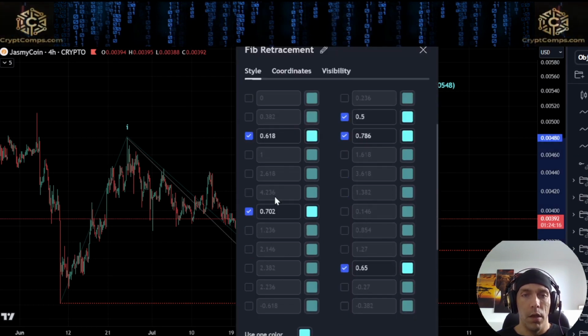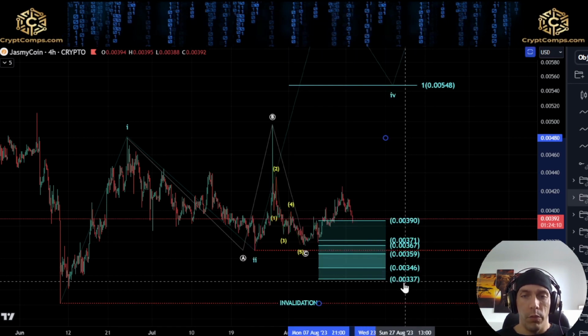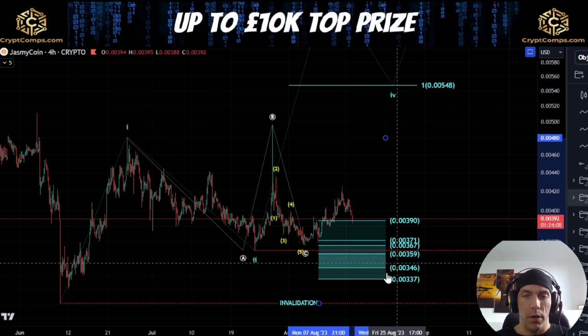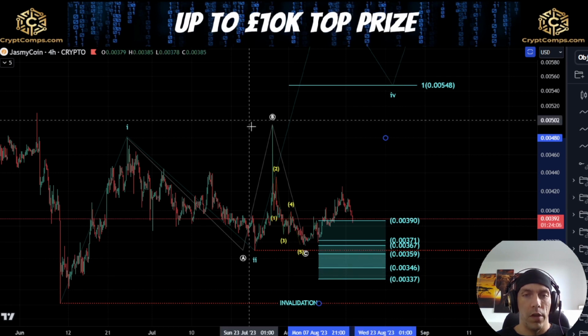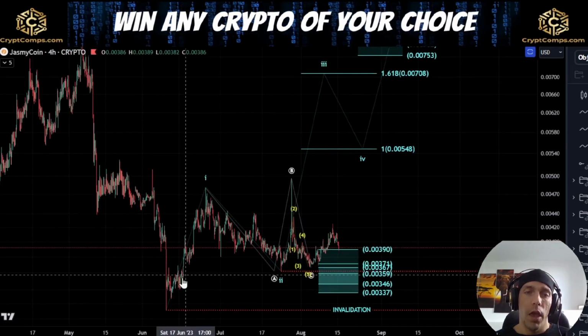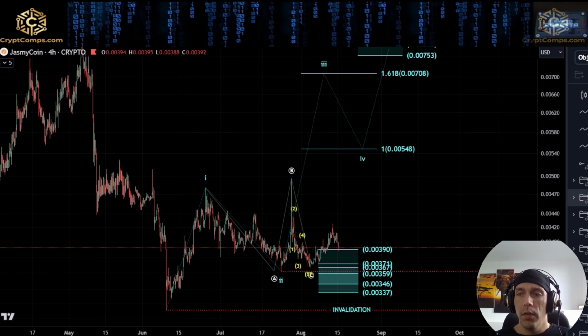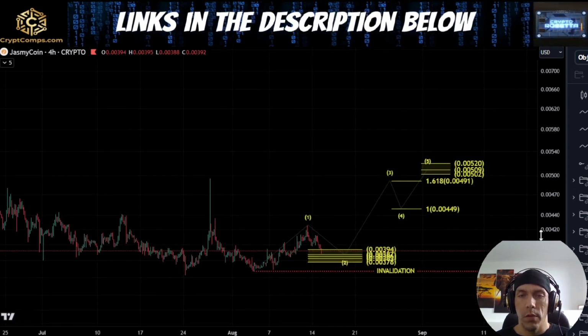And if I turn on the 0.854 as well here, somewhere between this 0.346 and this 0.337 would be our last zone of defense if we're looking at this idea of a bullish continuation to the upside. Now, if we are looking at this idea where this is 1, 2, 1, 2, 1, 2 here, then potentially what we would be looking for is something along these lines.